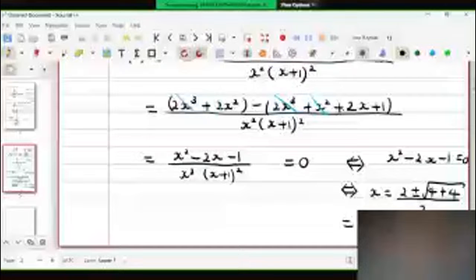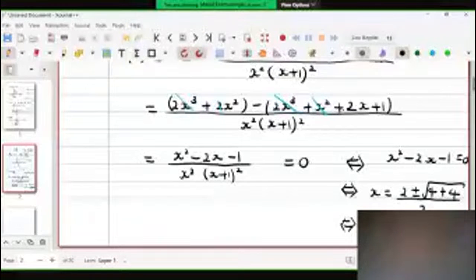Right? 4 plus 4 is 8. The square root of 8 is 2 square root 2. So this is how it looks.